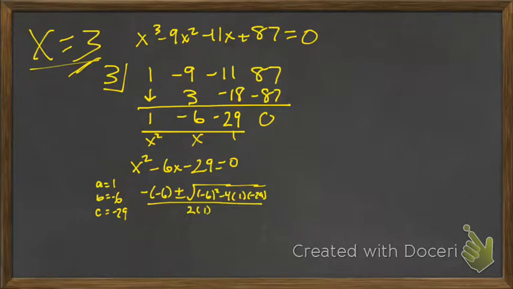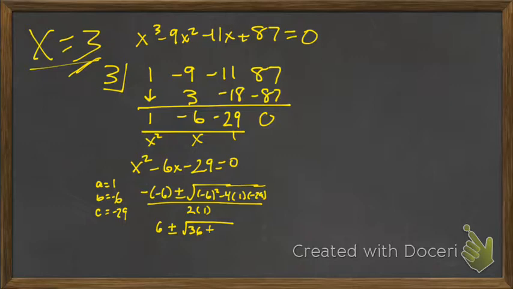So let's see if we can clean this up. Minus negative 6 is positive 6, plus or minus the square root of negative 6 squared, which is 36, and then minus 4 times 1 times negative 29. Let's see, 4 times 29, I know it's going to be a positive, and 4 times 30 is 120, but it's not 4 times 30, it's 4 times 29, so it's really going to be 4 less than that.